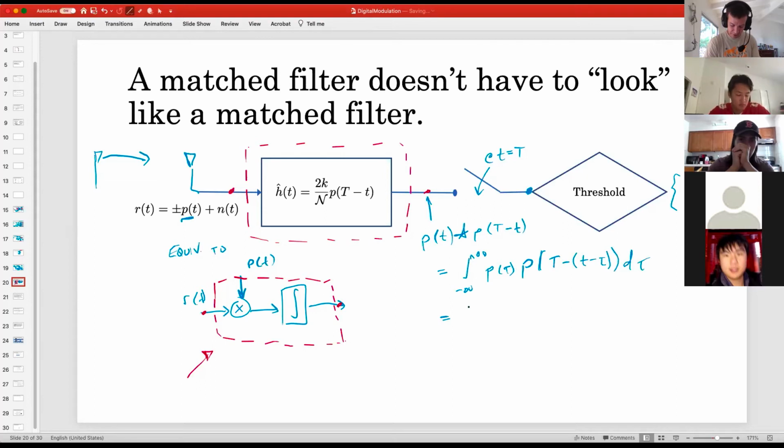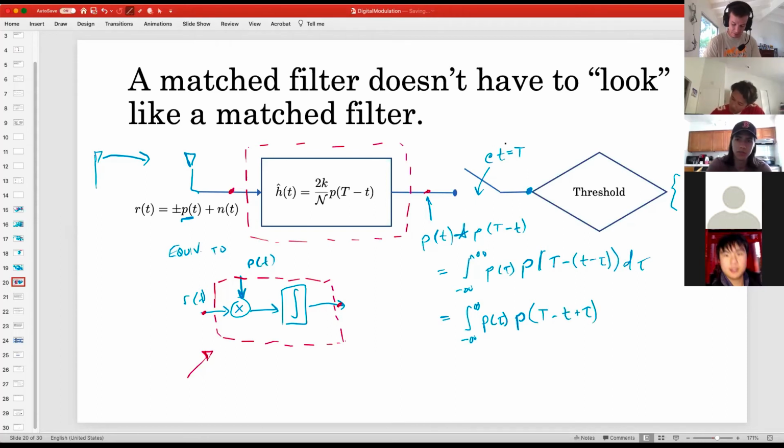I'm just going to distribute in here. And of course, these don't have to be infinite integrals if p is time limited. If p of tau is only limited to a finite range of taus, then just integrate over that range. p of tau times p of, what do we get here? Big T minus little t plus tau.